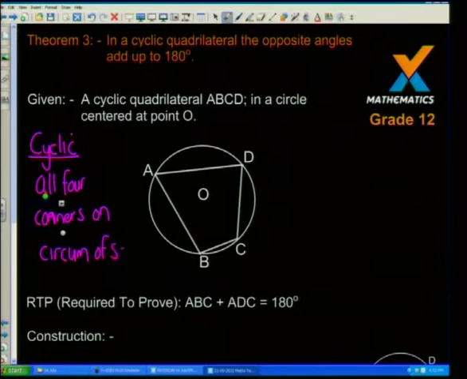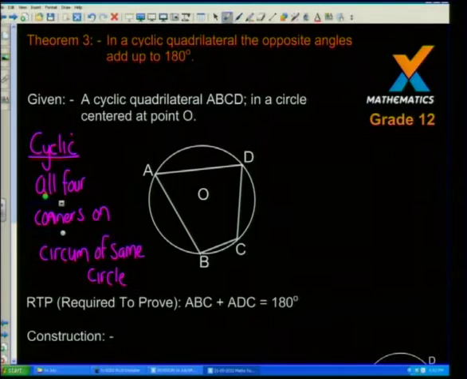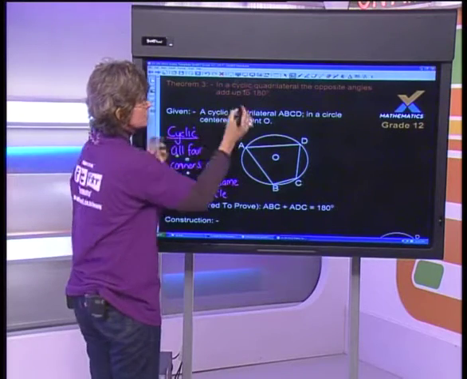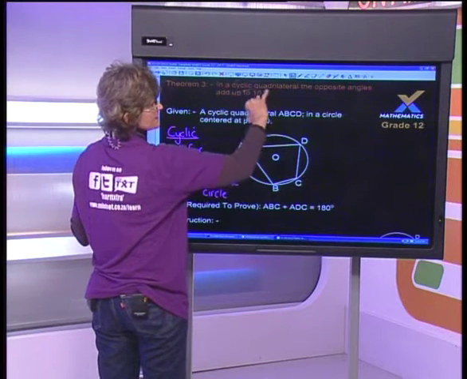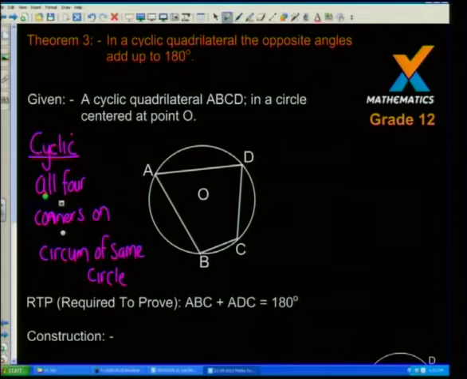Okay, not different circles, same circle. Now this theorem is actually quite fascinating because it claims that if you've got a cyclic quadrilateral, the opposite angles add up to 180.